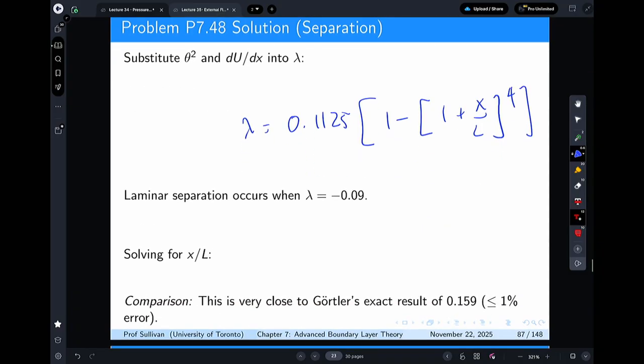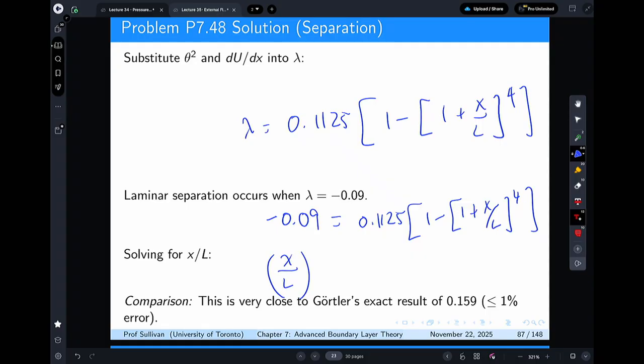And minus 0.009 equals this mess. And you end up with x over L of separation, which is 0.158, which is very close to what you got with Görtler's exact result.